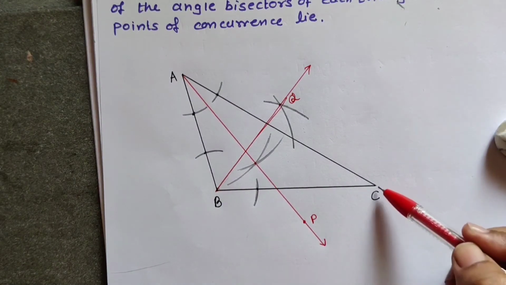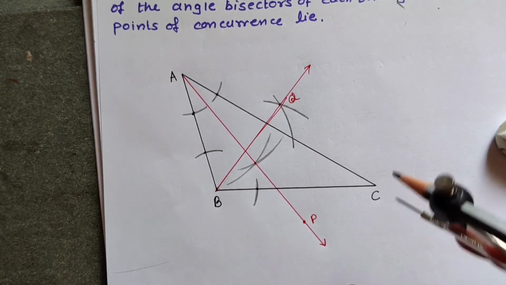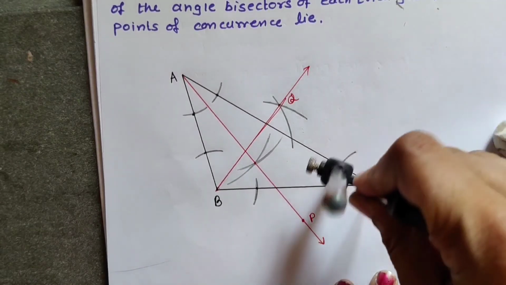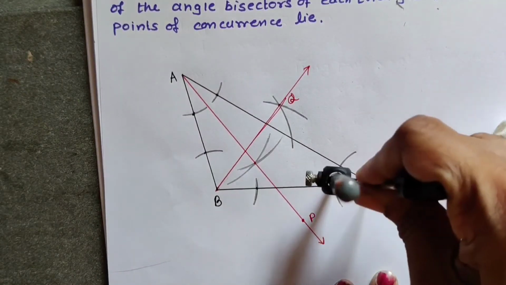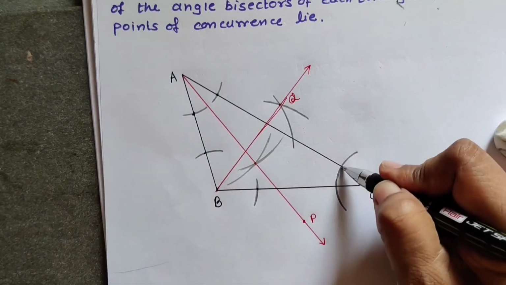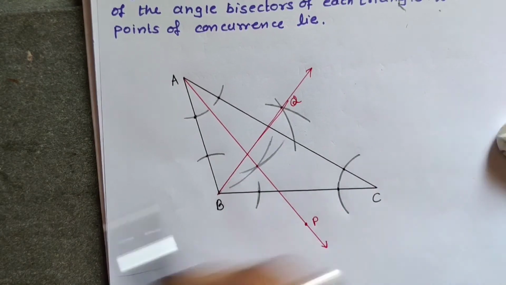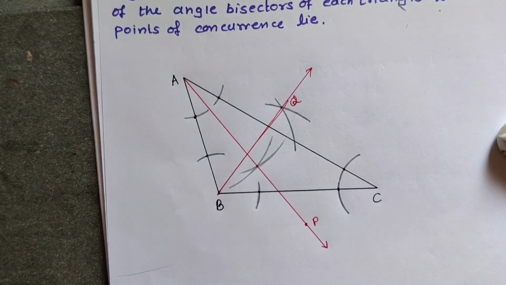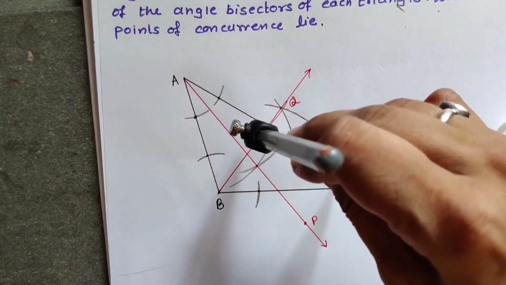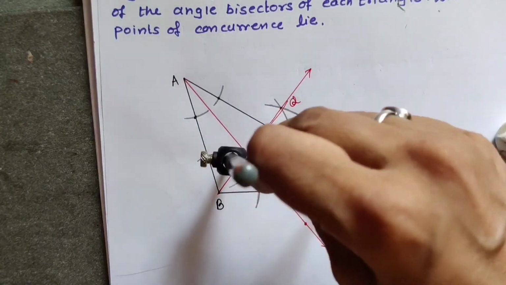Now we have to draw the angle bisector of angle C. So from C again I am going to draw 2 arcs, one on side AC and another on side BC, like this. I will make the points a little dark where the arcs intersect the sides. Now I am going to draw the arcs.